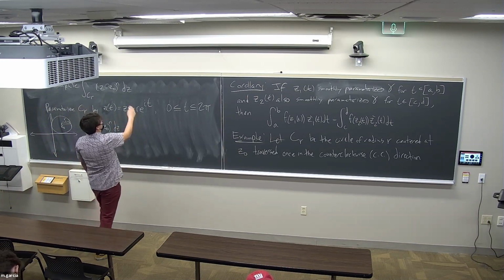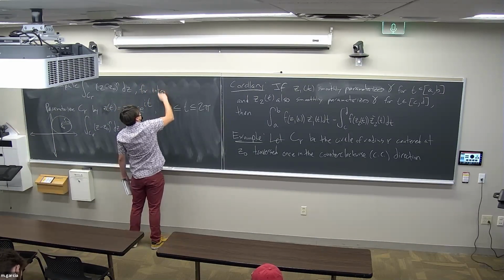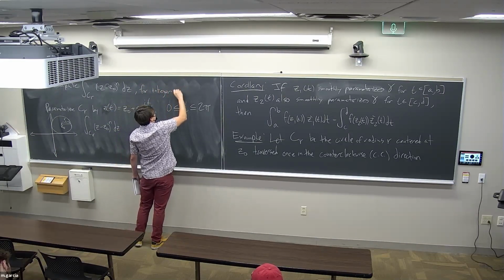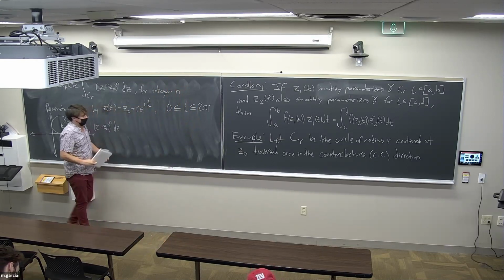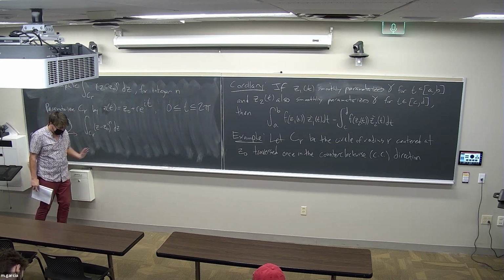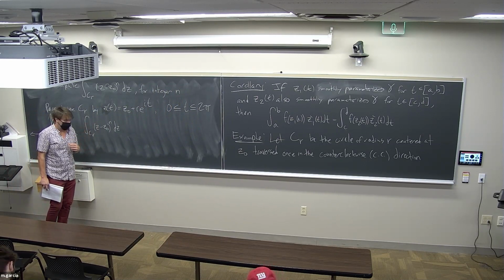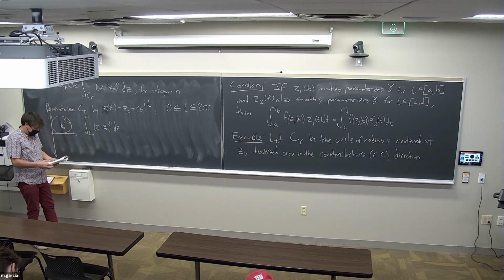Oh, sorry, I forgot to say, for integer n, right? We can say something for real n or even complex n, but we haven't gone that far yet. And that's kind of a side exercise, something of historical interest, but it doesn't come up much in our applications.